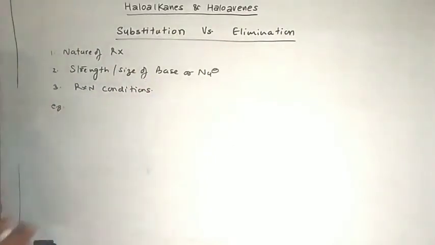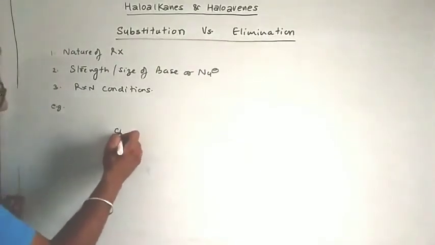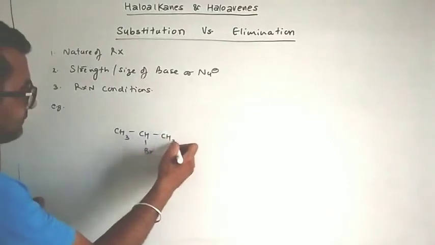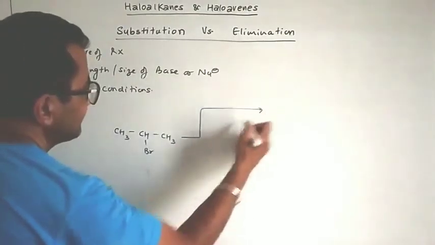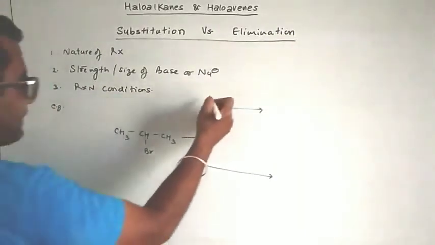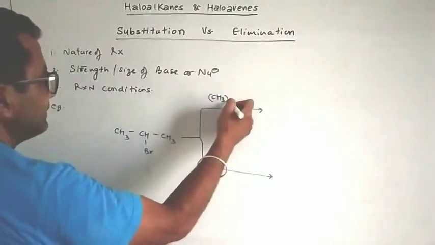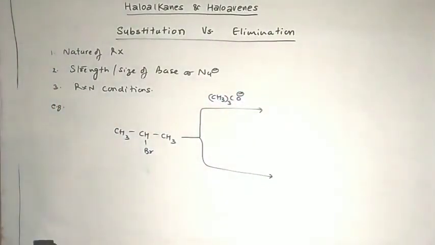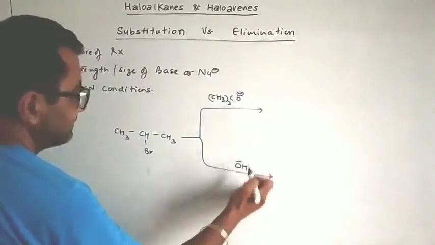For example, if we start with 2-bromopropane, and we are doing 2 reactions. If your reagent is bulky, like if we are taking (CH3)3CO negative, tertiary butoxide ion, and in second case you will take just OH negative ion.